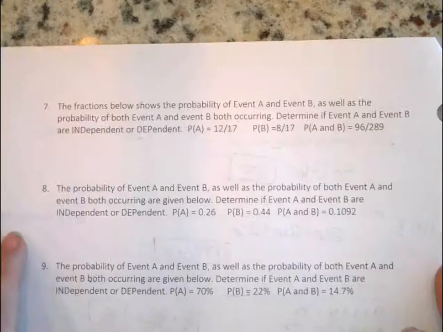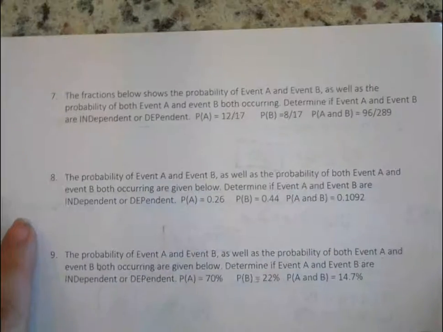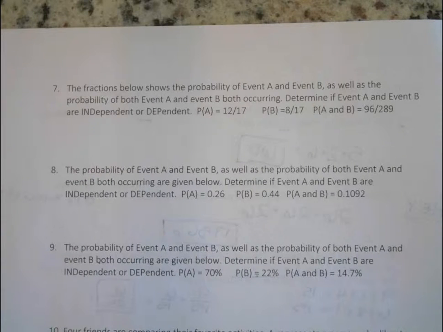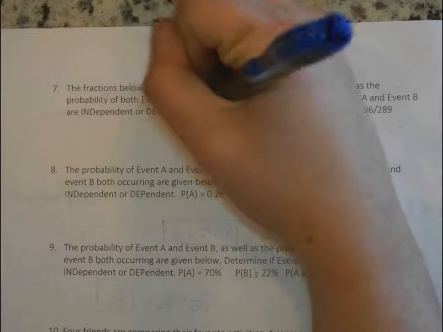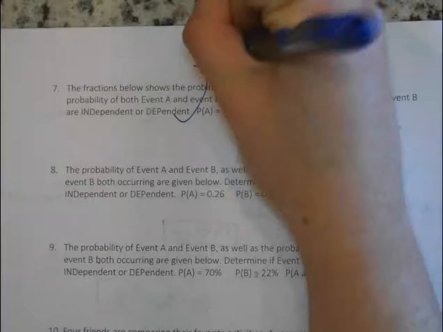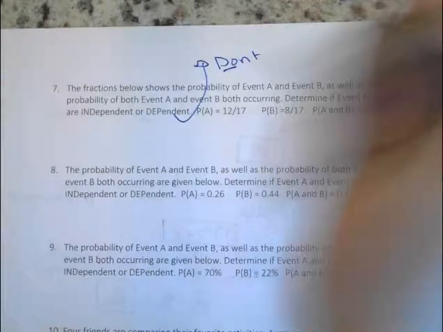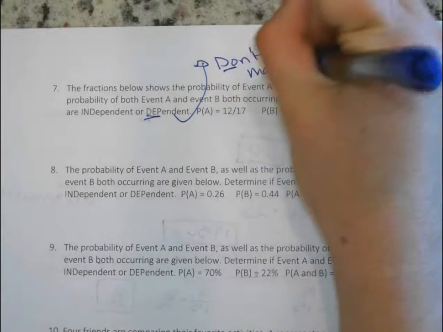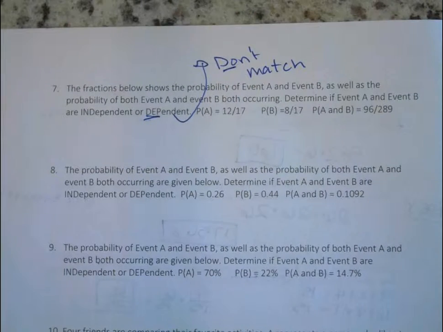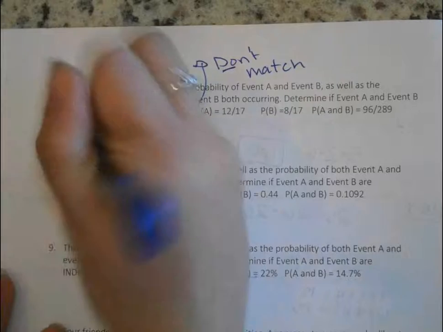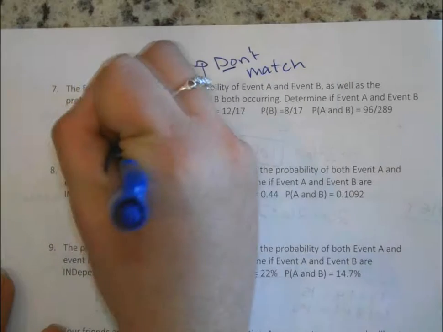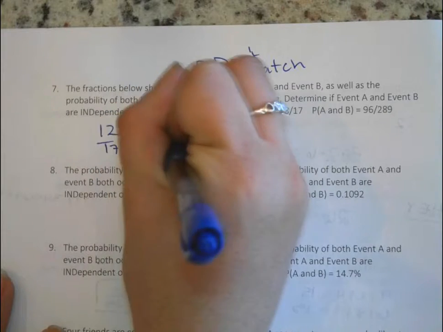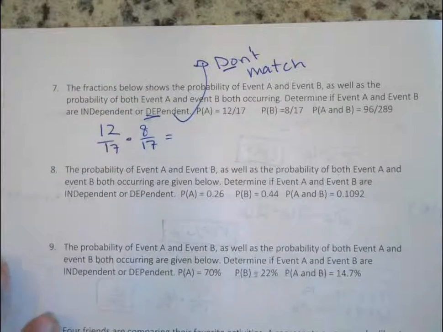This one tells me that I have 2 different fractions and I need to decide if A and B are independent or dependent. Dependent means they don't match. They both have D, so they don't match. What I do to figure out if they actually do match is I take the 2 fractions, so I have 12 over 17 times 8 over 17, and I multiply the 2 fractions.